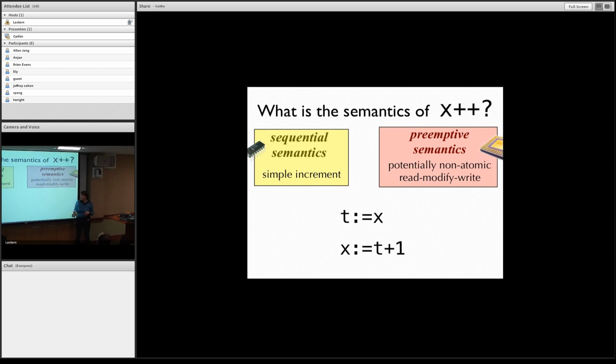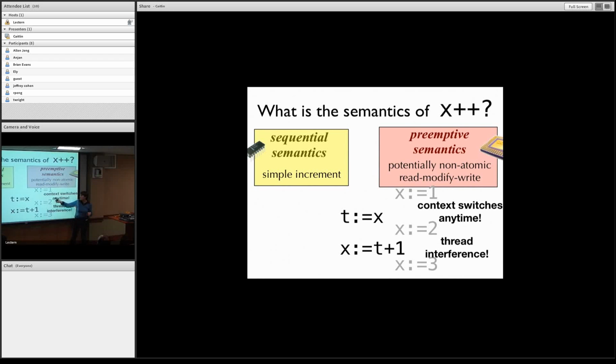So you have to worry about, during this X++ computation, some other thread might come in and do something funny with X. There could be a context switch. The thread could interfere. This is really difficult to reason about. Even things that look from the programming languages level like a single statement are actually broken up into these complicated blocks with thread interference at any point.